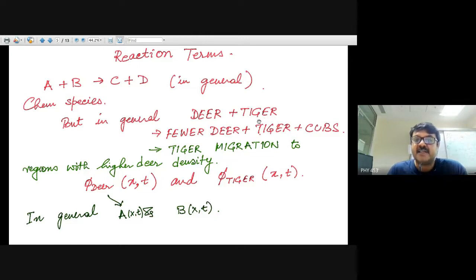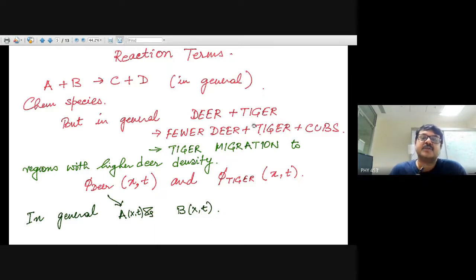And if the number of tigers increases, then the number of deer will decrease. So on the right hand side, as a consequence of A and B interacting, you again have A and B, but the concentration of A, the deer, could decrease. And if it decreases to too few a number, then the tiger won't get its food.